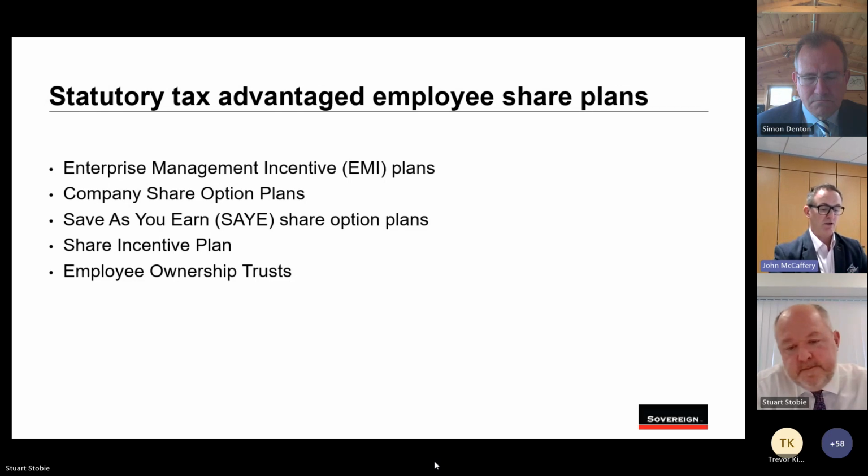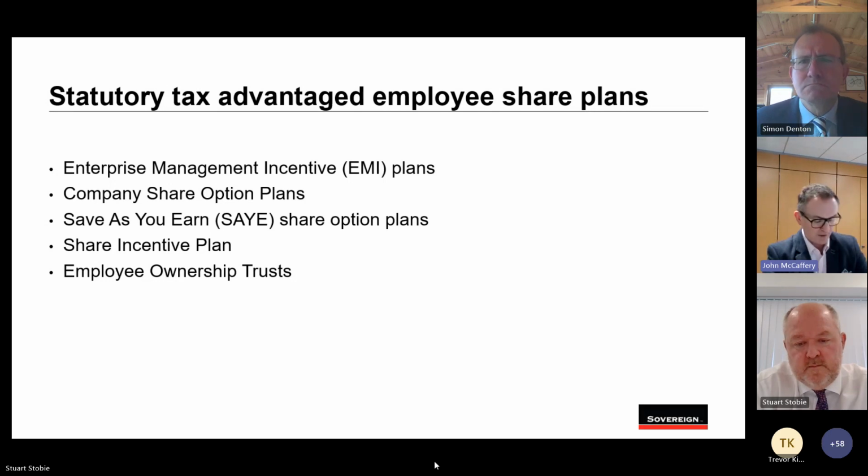So you have your company, and let's say your company's worth 5 million now. The company decides that it's going to issue, say, a 5% EMI option to a key individual. What you do under the EMI is you go to the revenue and agree the value on that 5%.